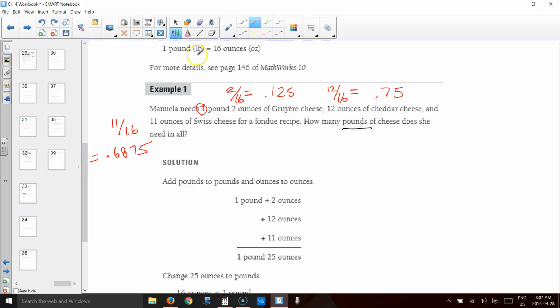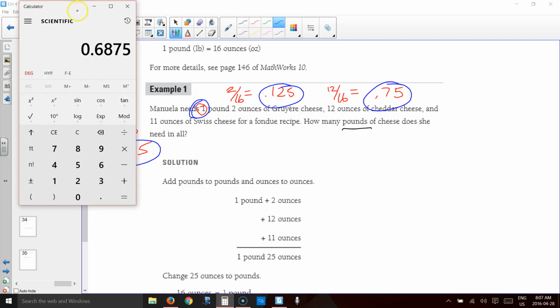Okay. So in total, we have 1 whole pound, 0.125, 0.75, and 0.6875 of a pound. Let's total all that up, and we get our total pounds.